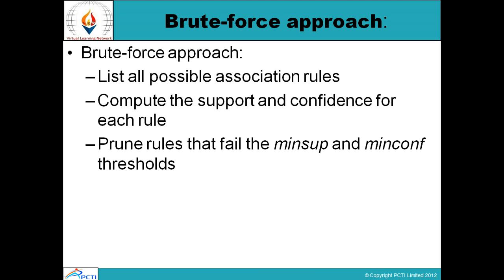Brute force approach is the next topic of today's session. The brute force approach lists all possible association rules, computes the support and confidence for each rule, and then prunes the rules that fail the minimum support and minimum confidence thresholds.